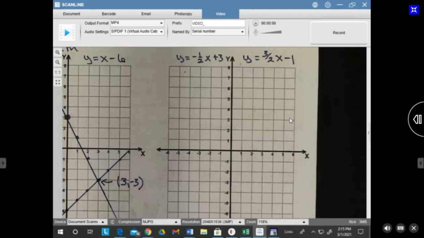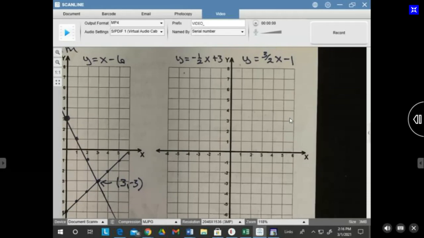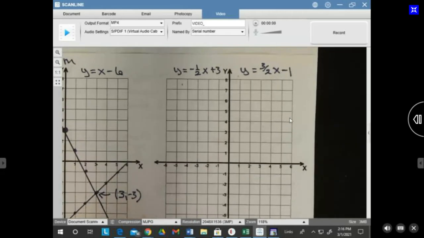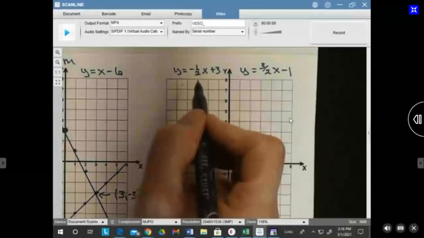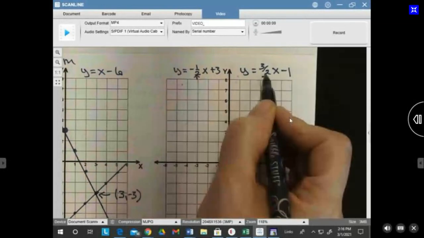What quadrant did we end up in? I got 2 and 2. Oh, quadrant 1. How many solutions?